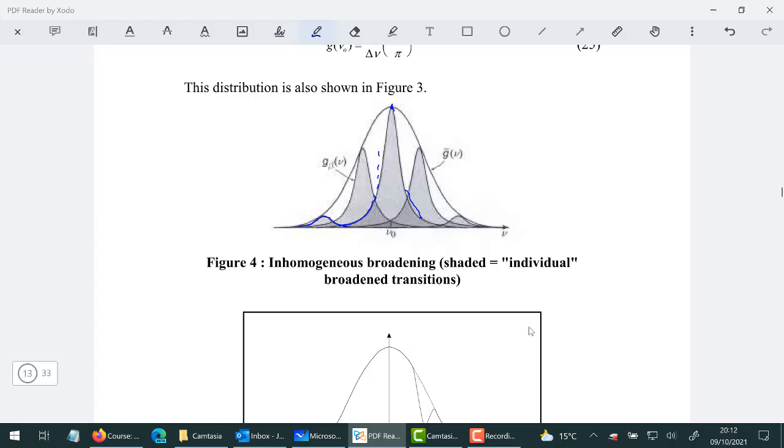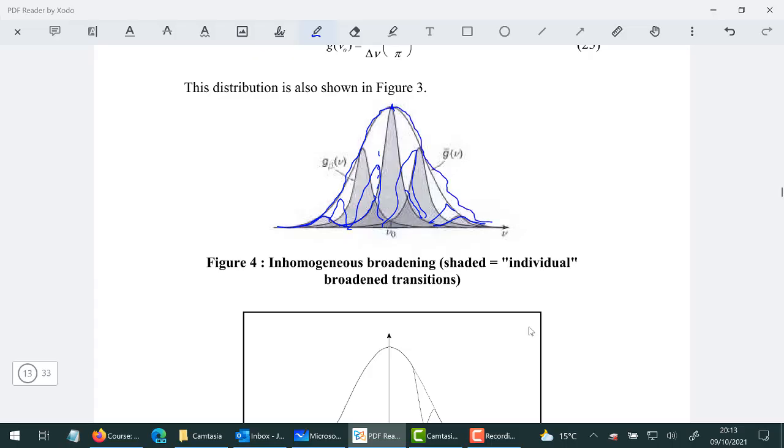And then some of the atoms will be moving towards you very quickly, and so they'll give you a distribution somewhere around about there. So when we add all of these together and we convolute all of them, then we get this overall Gaussian distribution.